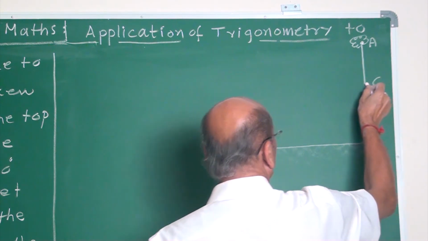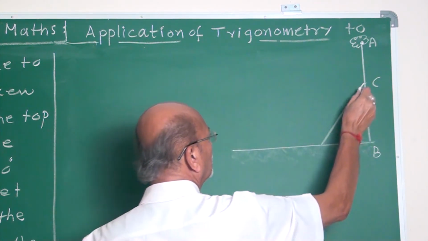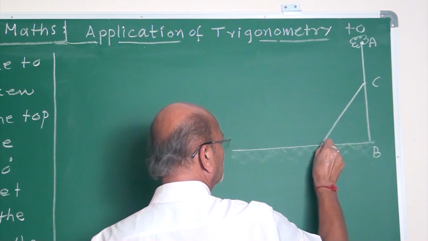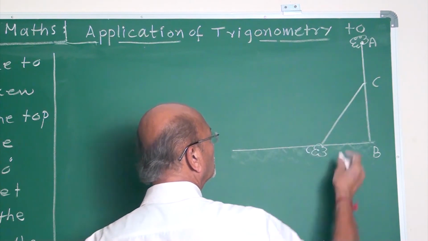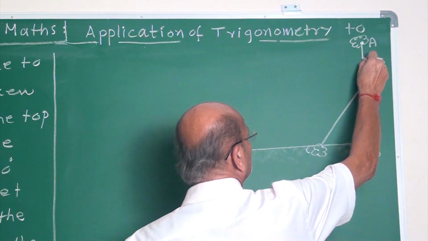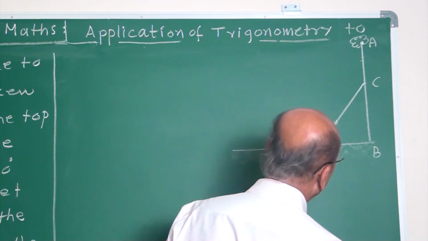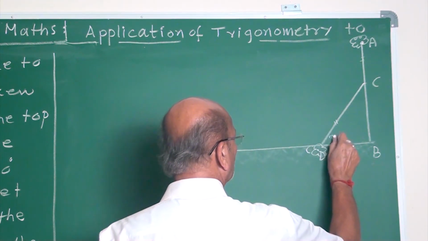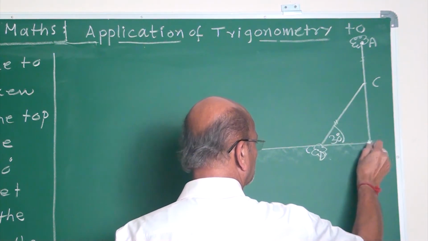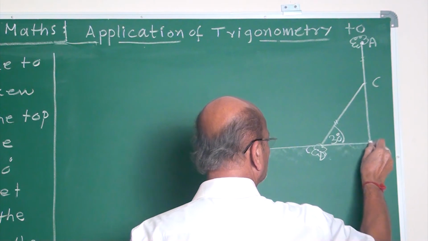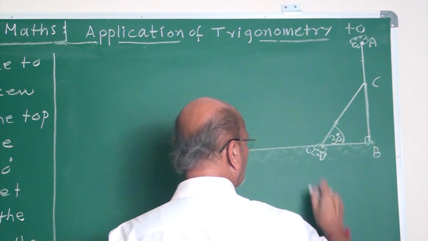See, this piece from here is the tree on the ground. Then these two distances are equal, my friends. If you take this point as D, then it makes an angle of 30 degrees with the point where it lies. Once again, it is a right angle triangle.